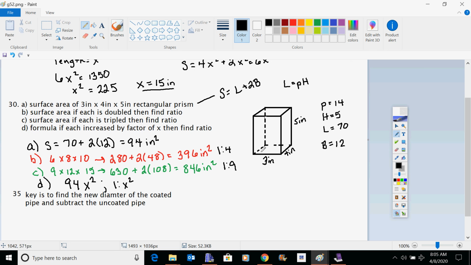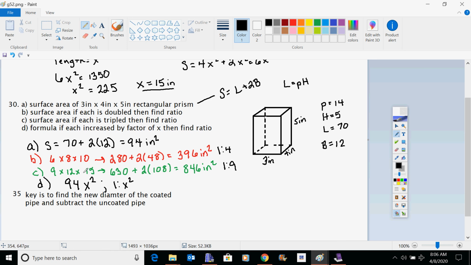This one is super helpful for your quiz. The lateral surface area is the perimeter, 14, times the height. Once you've found perimeter times height, you get 70. Then 2 times the base, where the area of the base is length times width. So 94 square inches. So part A is the most important part of this one.